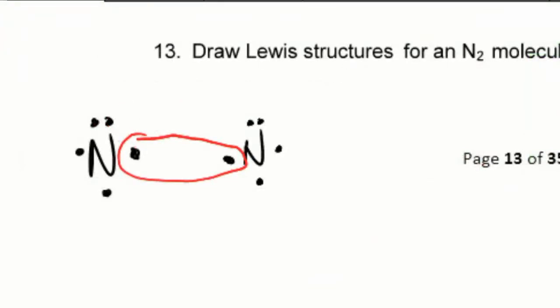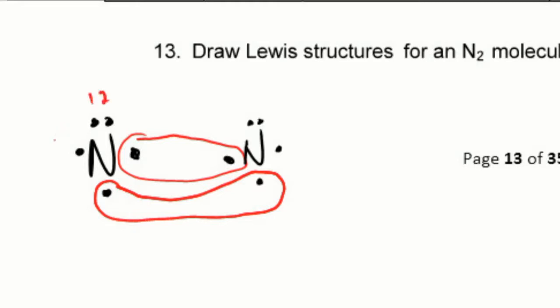We'll have 1, 2 at the top, 1, 2, 3, 4, 5, 6. Is that enough to make it happy? No, that's not enough. It needs 8. So I'm going to just erase the red numbers here. What if nitrogen shared another pair of electrons? What if it shared these bottom ones too? Now is nitrogen happy? So I have 1, 2, 3, 4, 5, 6, 7.